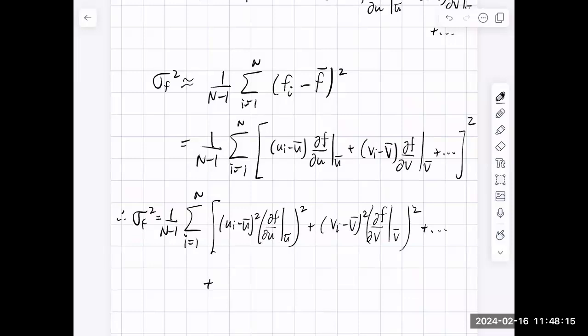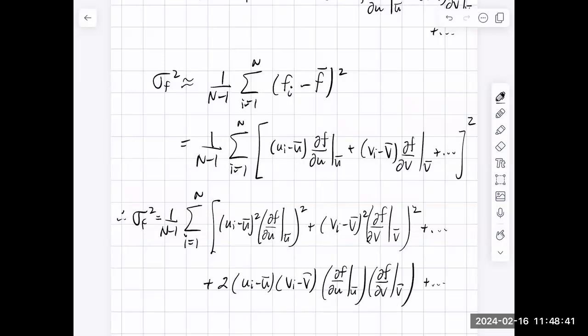When we get the cross terms, we'll end up with 2 ui minus u bar, vi minus v bar, and then the product of these derivatives, df du at u bar times df dv at v bar.